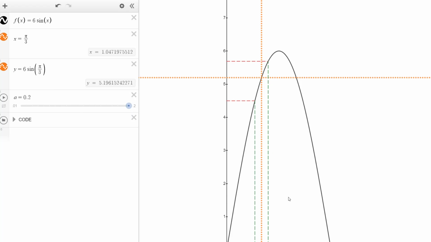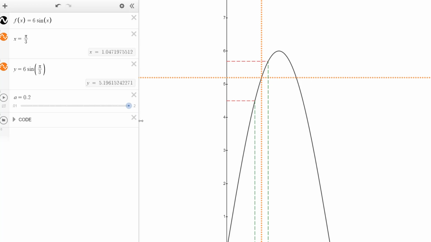And we want to find what is the size of the delta neighborhood required around pi over 3 so that the distance between our function 6 sine of x and the square root of 3 over 2, which is this line right here. This line is, no, that line is not actually. So I need to adjust my lecture slightly because that line should be at 3 root 3.